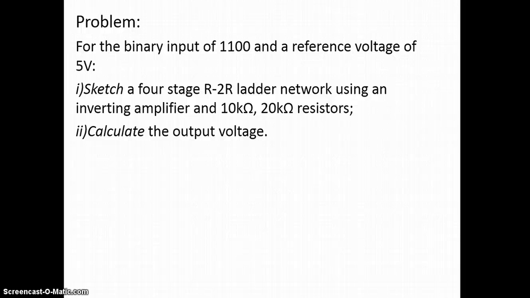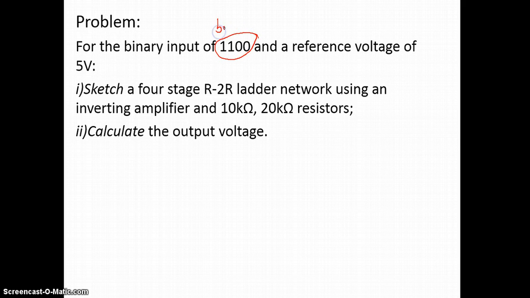Here is shown a problem. For the binary input 1100 and a reference voltage of 5 volt, you have to sketch a 4-stage R2R ladder network using an inverting amplifier with 10 and 20 kilo ohm resistors. Also calculate the output voltage. See this one.